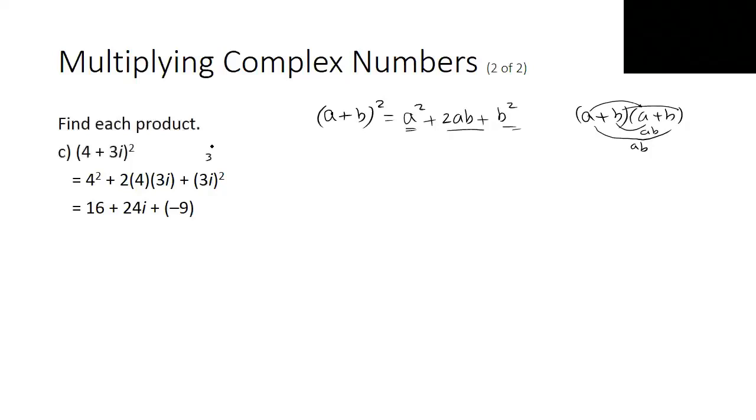That would be 3 squared times i squared, which is 9i squared. What is i squared? It's minus 1. So this would be minus 9. So now I can combine like terms. 16 plus minus 9 would be 7. So if I write this in standard form, it would be 7 plus 24i.